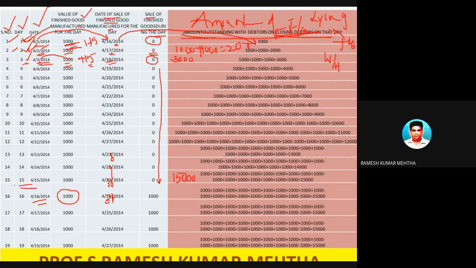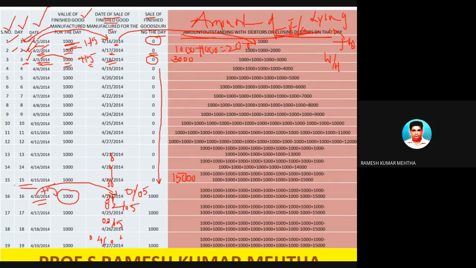So this will be sold after 15 days. So add 15 days to this one. So it is not 30th April, sorry, it's on 1st May it will be sold. Now what about this, this is 2nd May, small correction, this is on 3rd May, this is on 4th May.